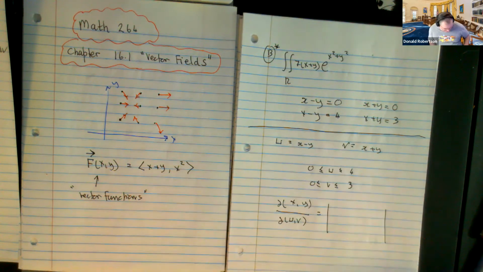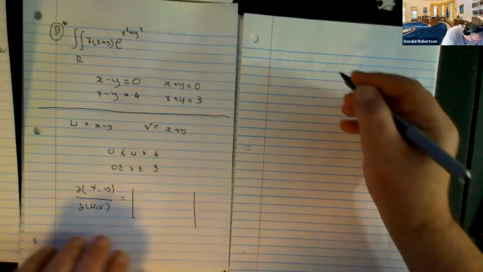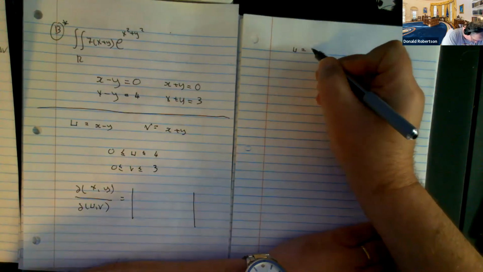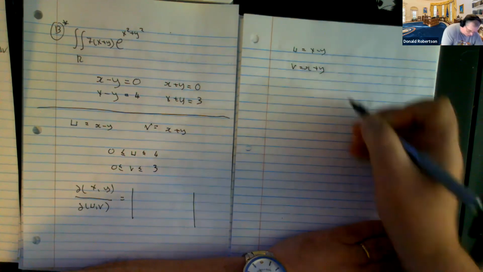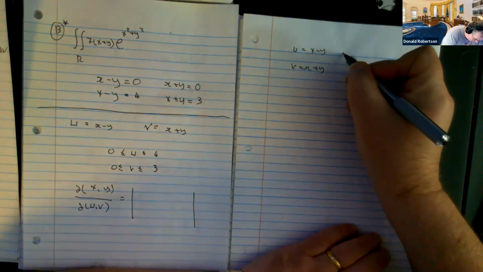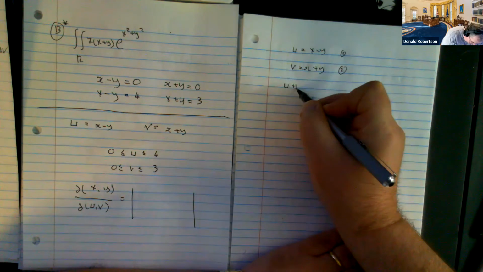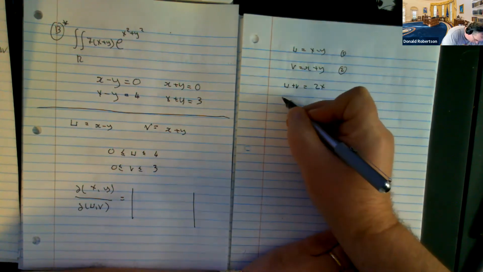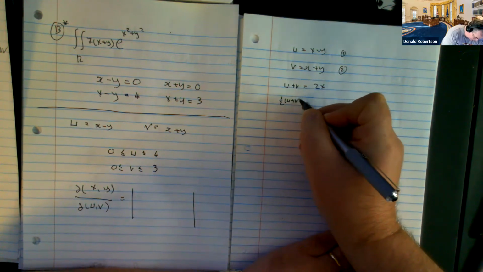Now, there are two ways to approach this. The long way to do it is to take these two equations and solve for x and y. Well, I'll show you how that works. If you add these two equations together, u plus v ends up being 2x. So 1/2 of u plus v ends up being x.